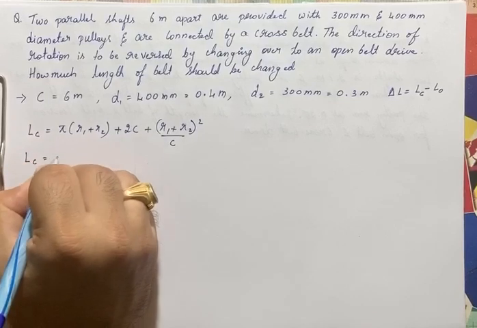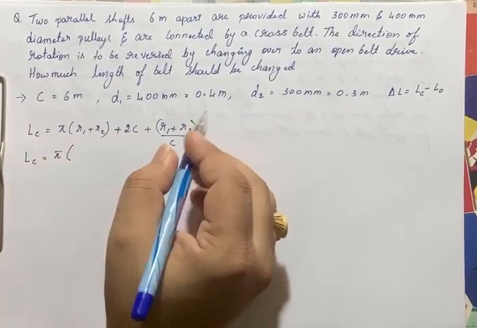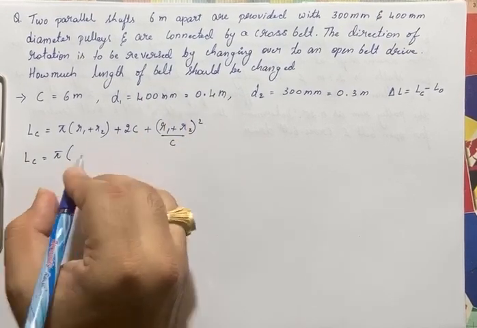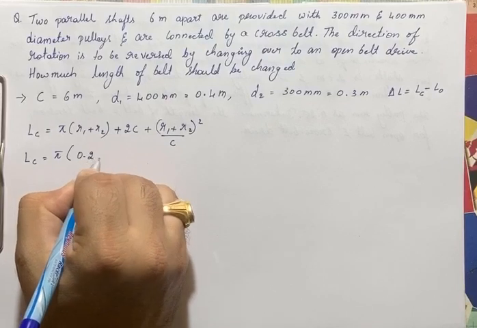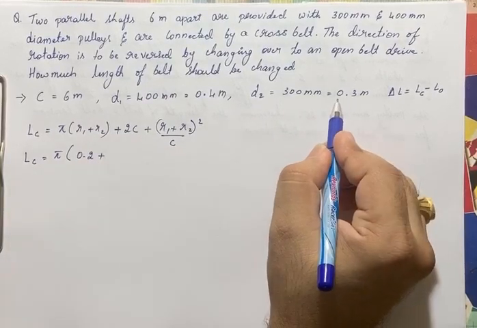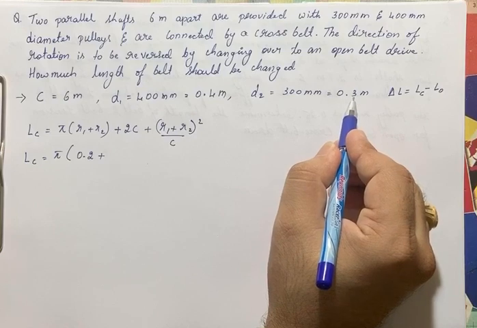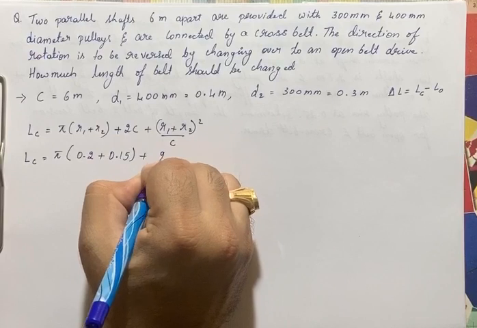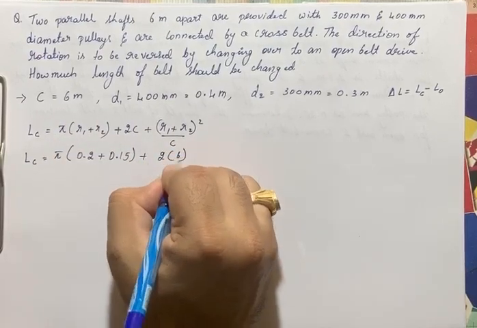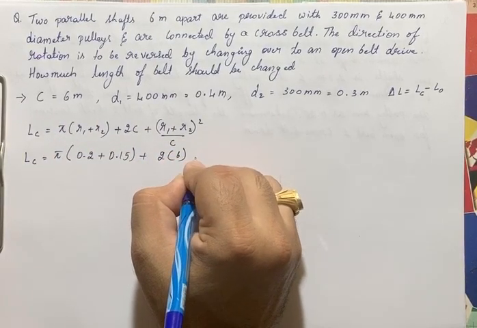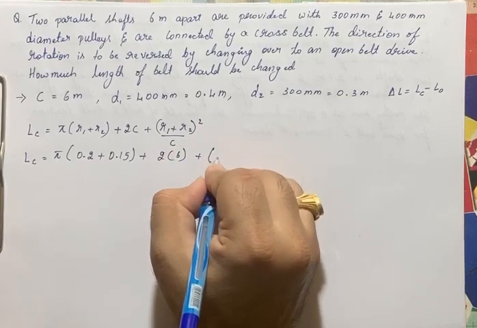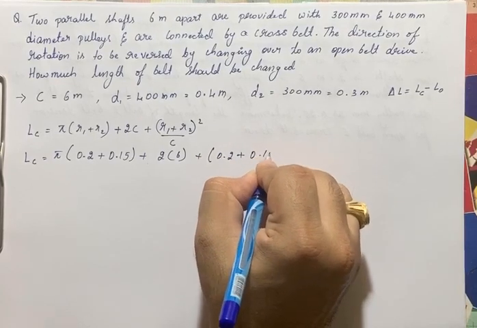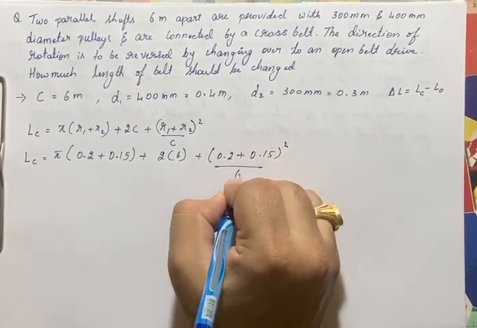LC here is pi into R1. Here the diameter is given as 400 mm, that is 0.4 meter, so R1 will be 0.2, plus R2: diameter D2 is 300 mm, that is 0.3 meter, so it becomes 0.15, plus 2 times C, here 6 meters, plus R1 again 0.2 meter plus 0.15 meter whole square divided by 6 meter.